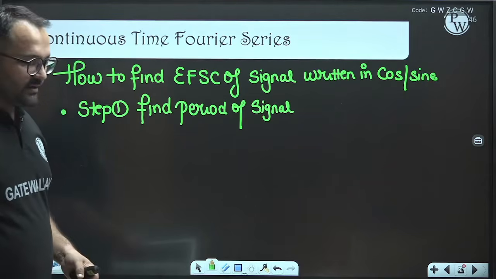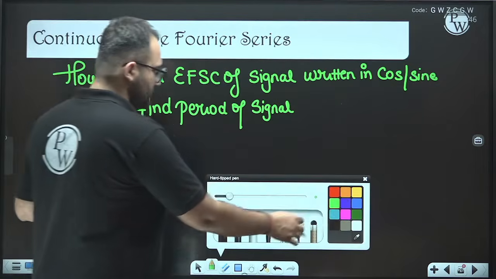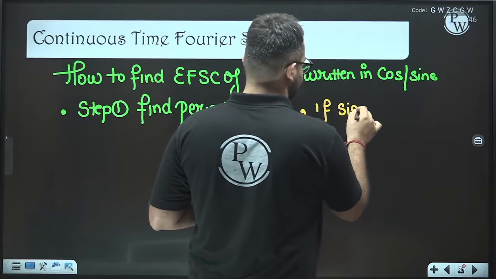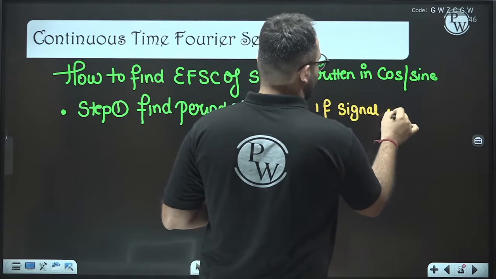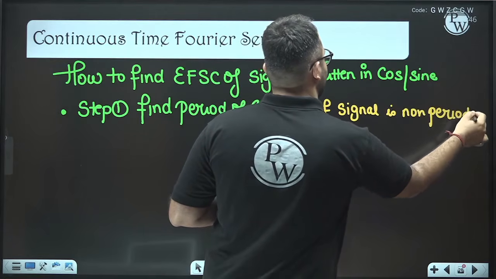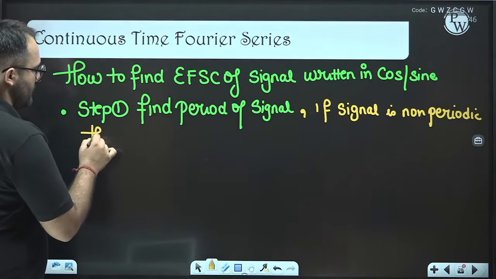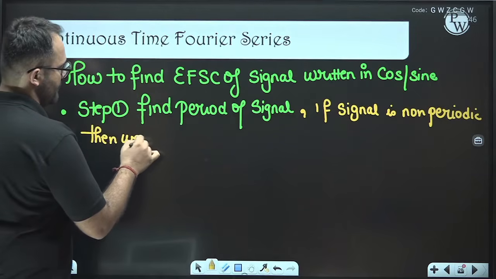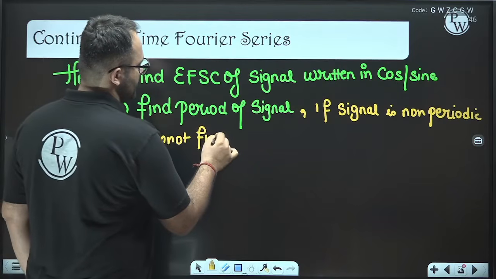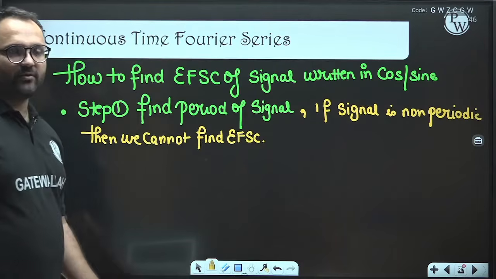If the signal is non-periodic, then obviously we cannot find the Fourier series, because the signal is not periodic, right?